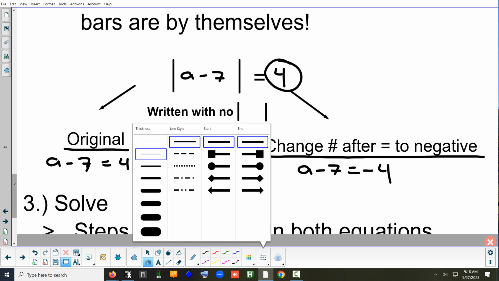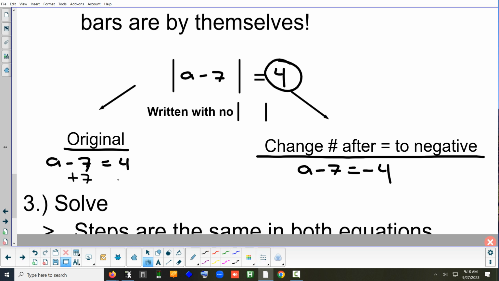So let's do it. What would you do on both sides here to get A by itself? Add 7. Yep. Negative 7 plus 7 gives me 0. That's gone. We get 11. So that's your first answer. And then it says on your guided notes, answers are connected with the word and.